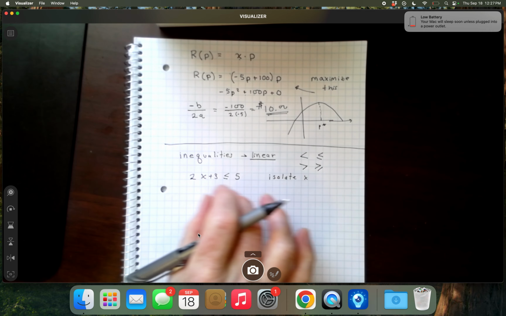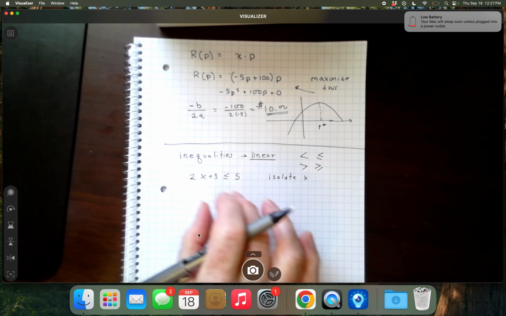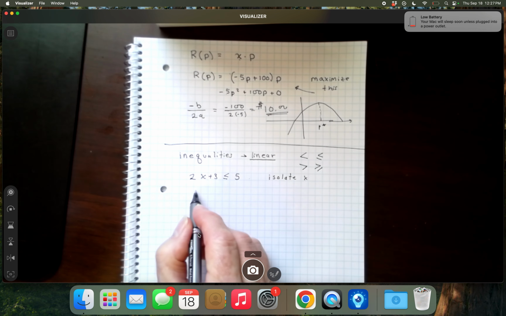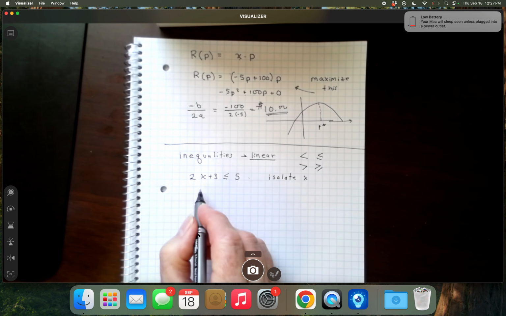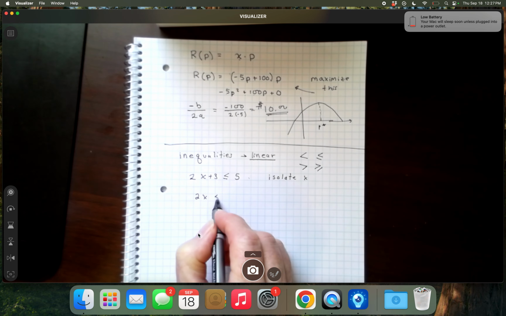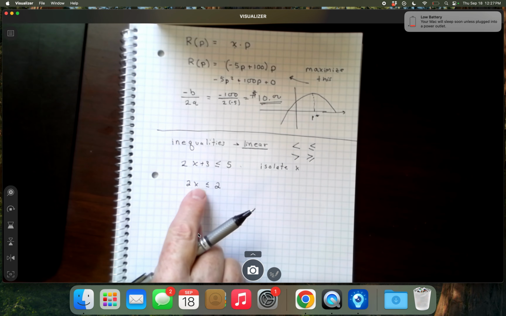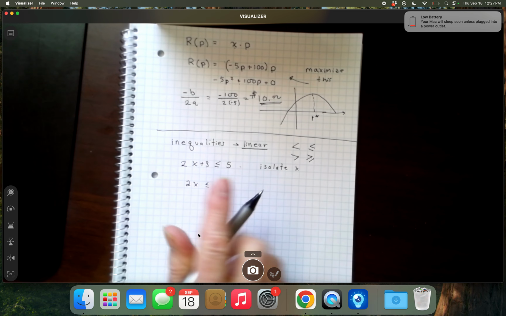So we isolate x on one side. How do we do that? By using similar maneuvers we use when solving a linear equation. We move the 3 over, so we subtract 3 from both sides. 2x is less than or equal to 5 minus 3, which is 2. And you can divide both sides by 2.